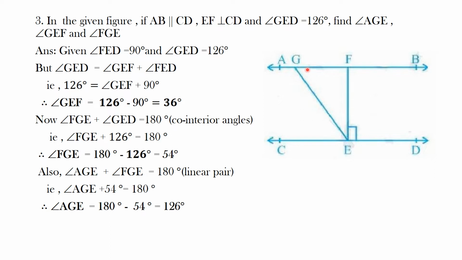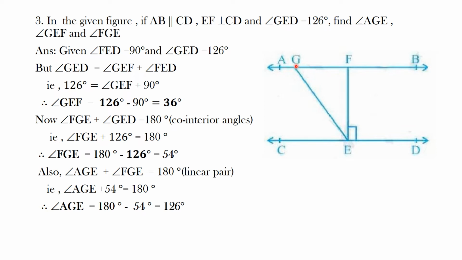FGE is not given, so we will write angle FGE plus 126 degrees equal to 180 degrees. We are given the value of GED as 126 degrees. Therefore, angle FGE is equal to 180 degrees minus 126 degrees equal to 54 degrees. So we got FGE is equal to 54 degrees.